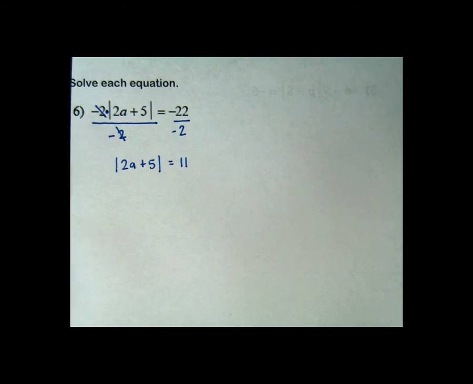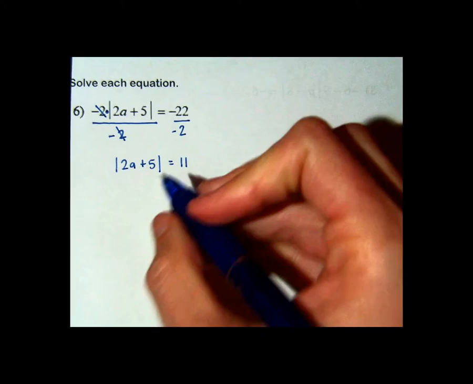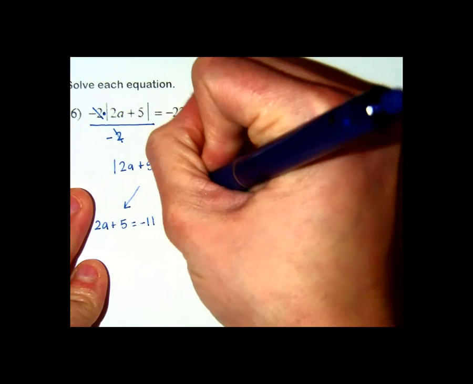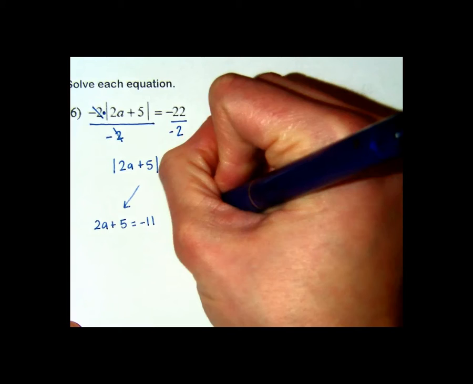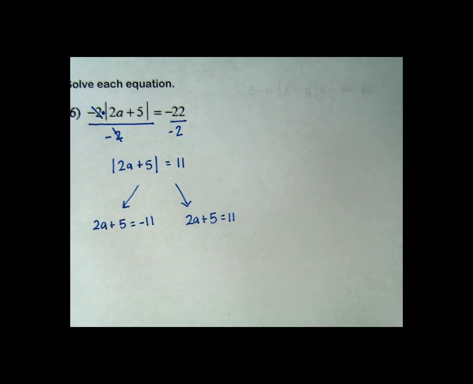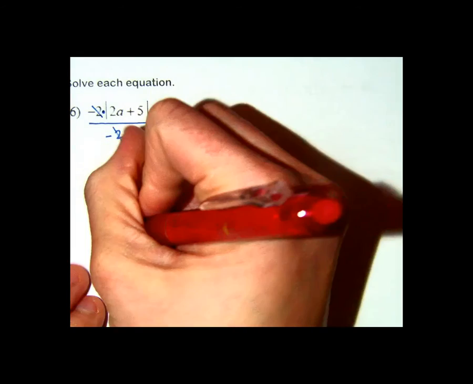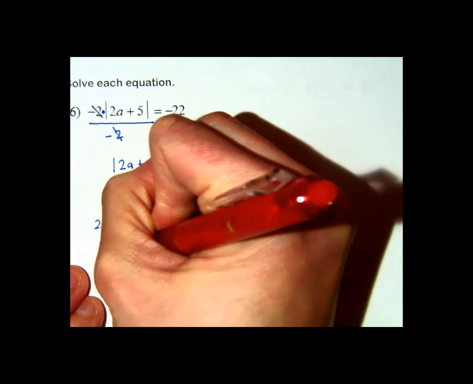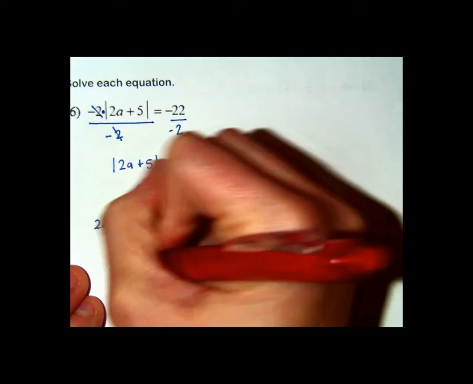Again, like yesterday, we have to create two cases because we now have our absolute value by itself. So a negative 11 and a positive 11. Subtract 5. 2a equals negative 16.